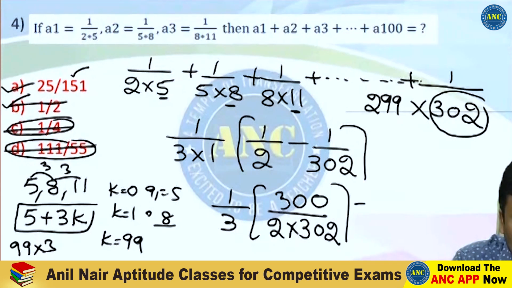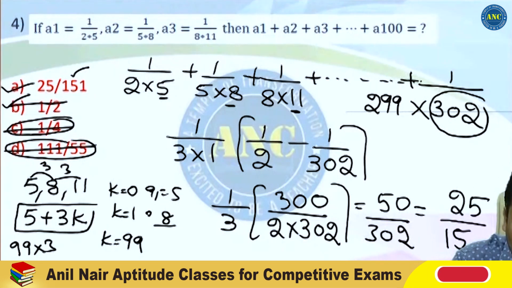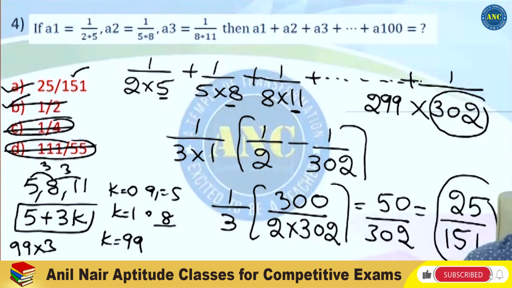This is nothing but 50 by 302, which is 25 by 151. I hope the idea is clear, right?